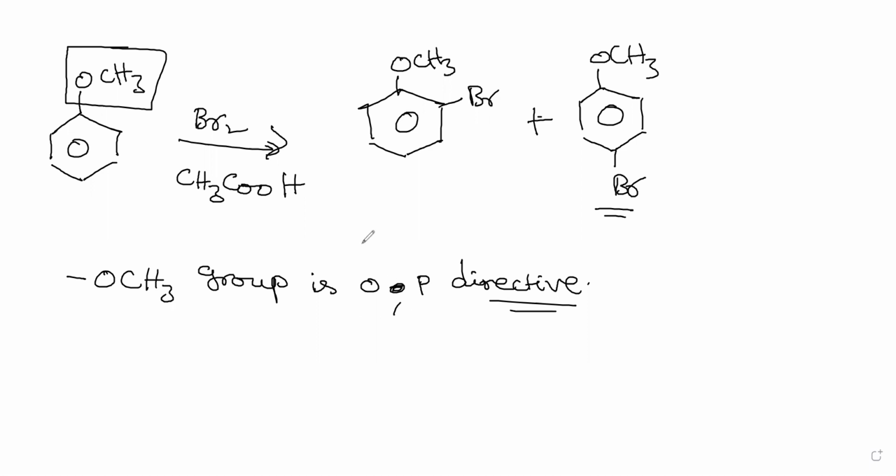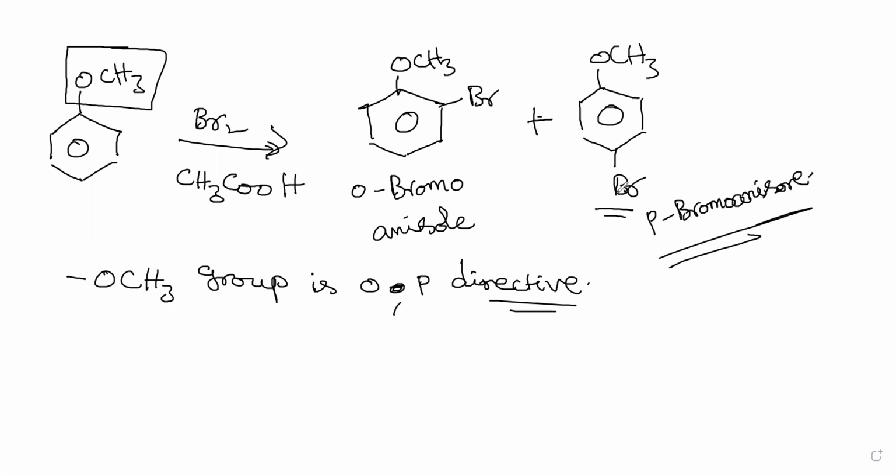This one is called ortho bromoanisole, and this is called para bromoanisole. Because the groups are away from each other in the para position, it is the major product because of less repulsion. The ortho is the minor product because of more repulsion. Generally, the ortho product will be minor and the para product will be major. This one you can remember.